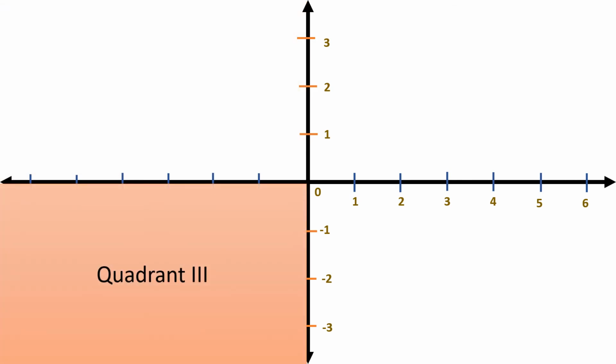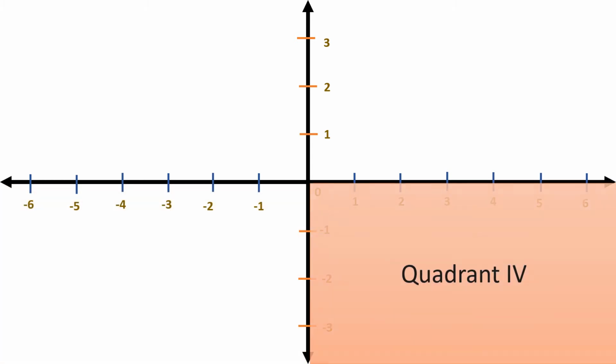Quadrant 3 goes with the negative x-axis and negative y-axis. Quadrant 4 goes with the positive x-axis, then the negative y-axis.